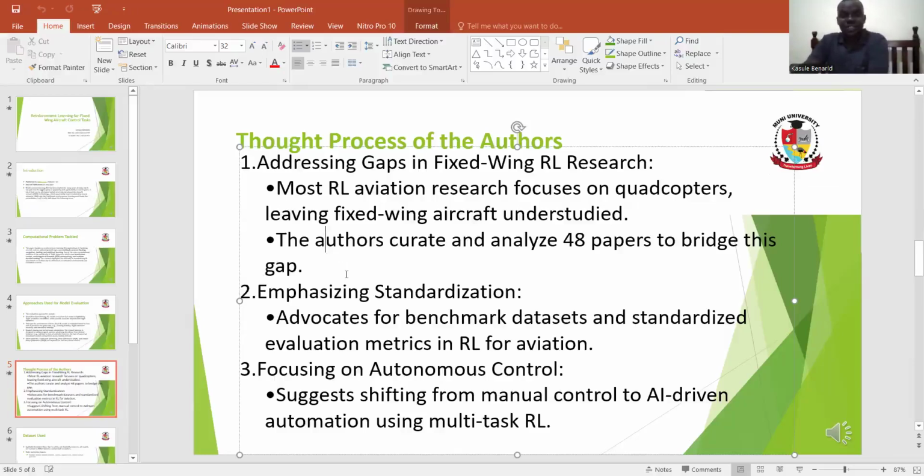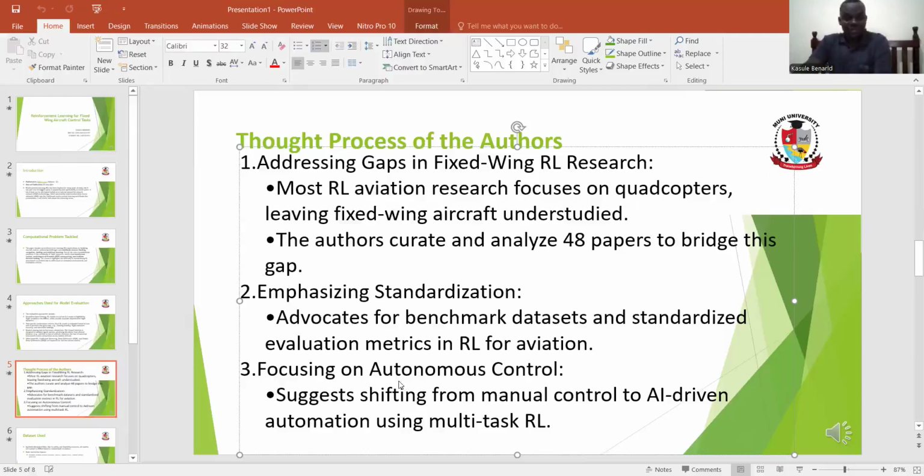So the authors curate and analyze 48 papers to bridge this gap. And then the other one is emphasizing standardization. Of course, the aim would always be improving on whatever things are currently employed in place. So emphasizing standardization advocates for benchmarking datasets and standard evaluation metrics in reinforcement learning for aviation.